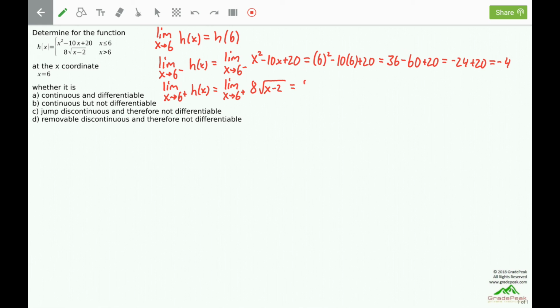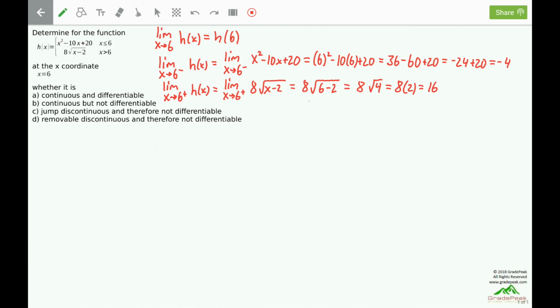Next thing we can do is plug a 6 in for each of the x's, so that'll be 8 times the square root of 6 minus 2. 6 minus 2 is a 4. And the square root of 4 is a 2, so 8 times 2, and 8 times 2 comes out to a 16.